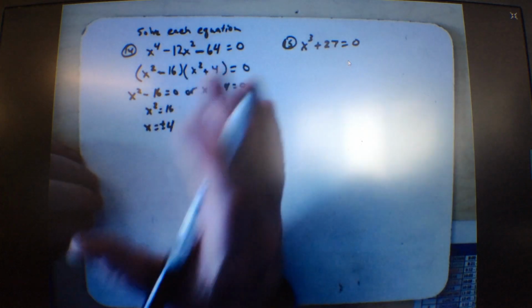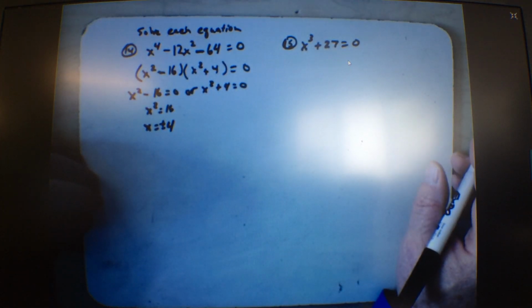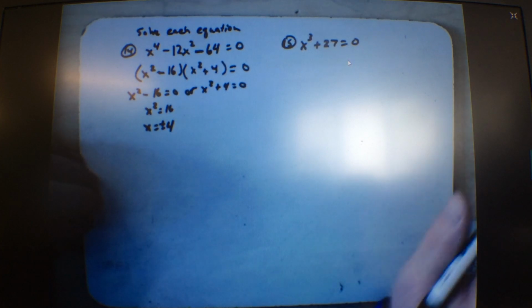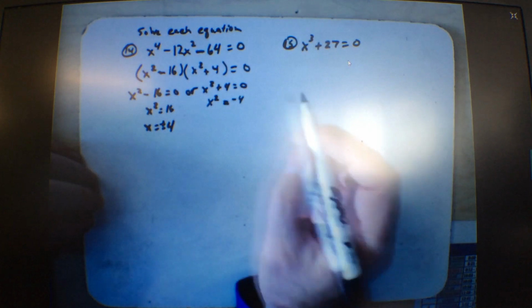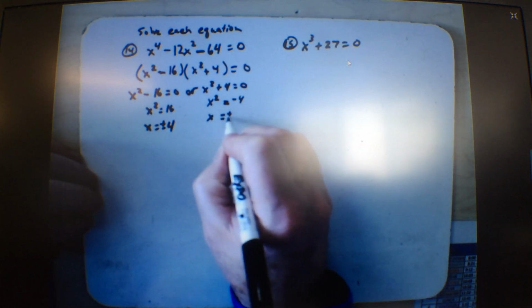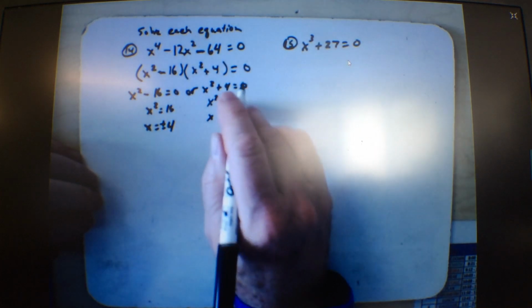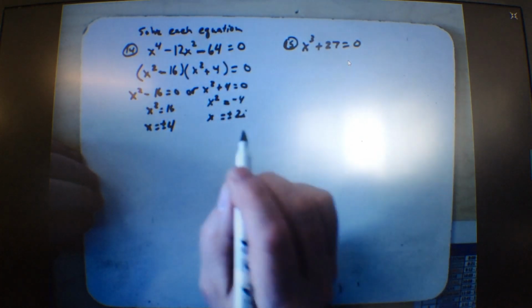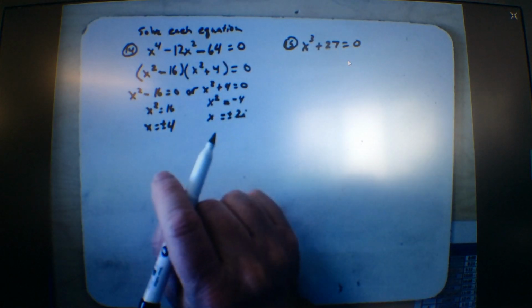We cannot forget that. And this one is x squared equals negative 4. So when I take the square root, it's plus or minus 2i. So there's 4 answers. You got to get the plus or minus.